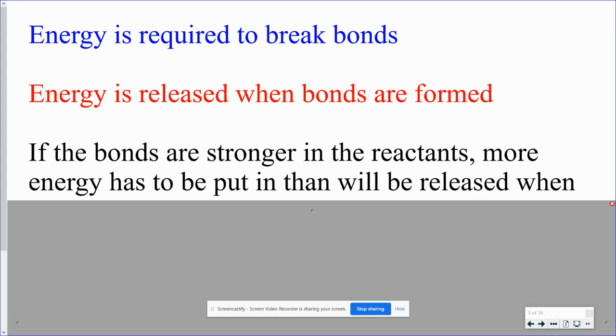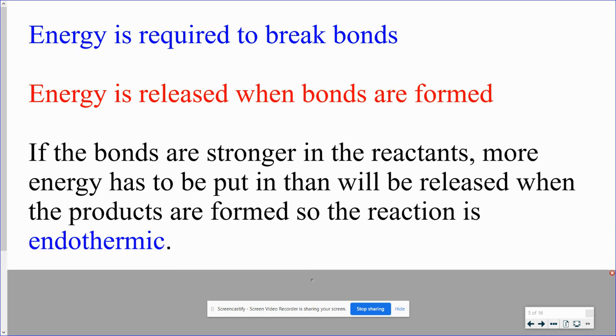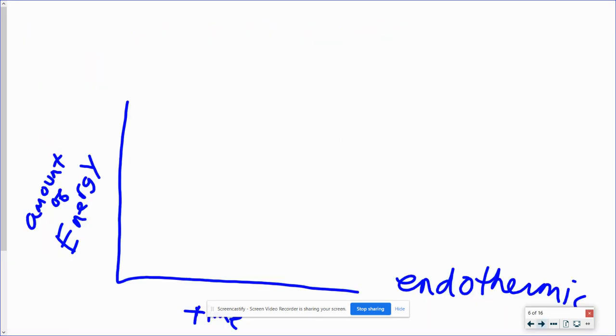So in a chemical reaction, if you have to put more energy in than you get out by the products, then that reaction is endothermic. So if the reactant bonds were stronger, more energy has to be put in to break those bonds, to get that reaction to happen, then will be released when it's formed. So overall, it's like a deficit of energy. Energy had to be put in.